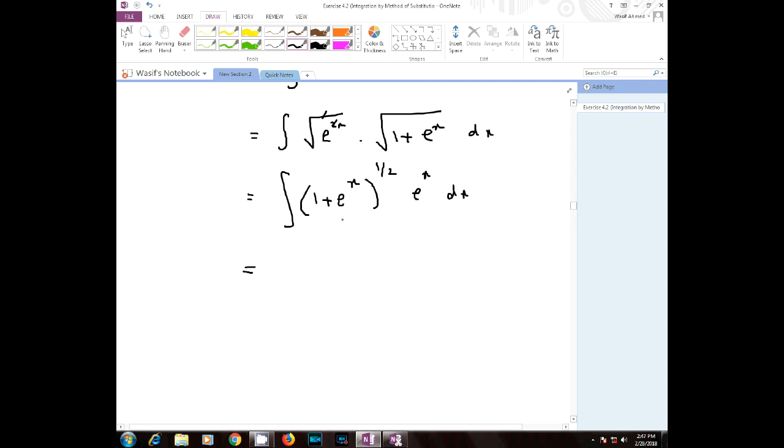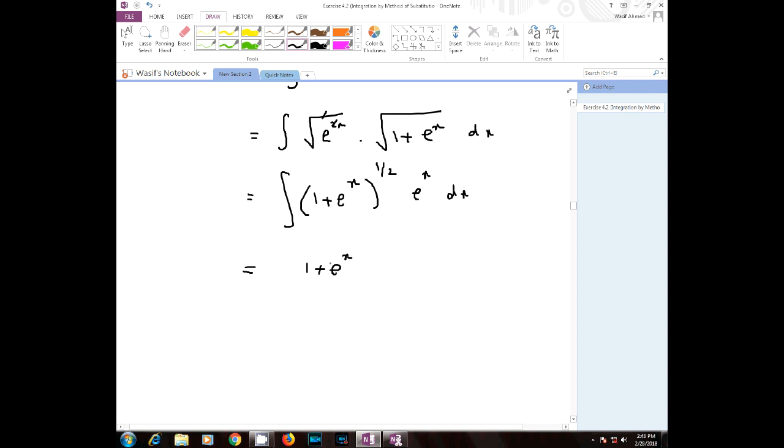So you can see that the derivative of the base term is given. The base term is 1 plus e raised to the power x. Its derivative is obviously 0 plus e raised to the power x, that is e raised to the power x. It is given just in the front, therefore you can apply the power rule of the integrals.